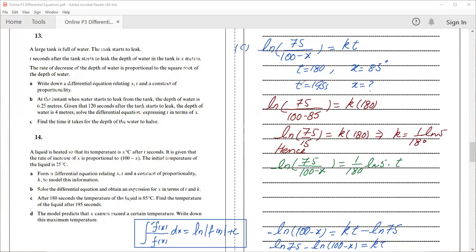Now the second part of the question: you have to find the value of x when the time is 195 seconds. So x is unknown when time is 195 seconds.